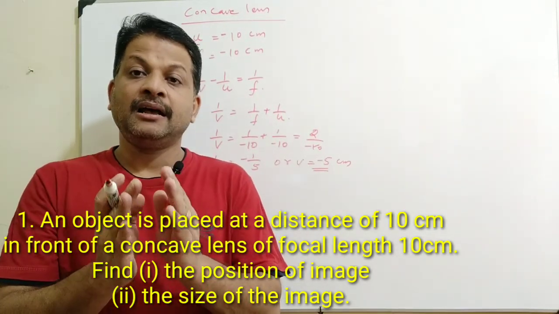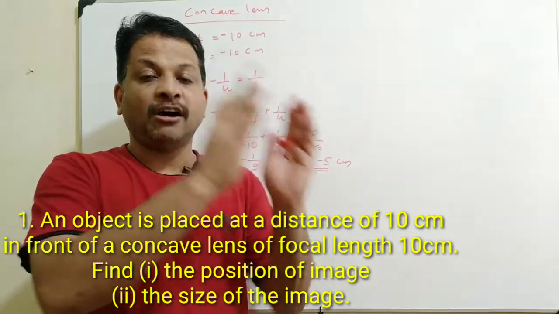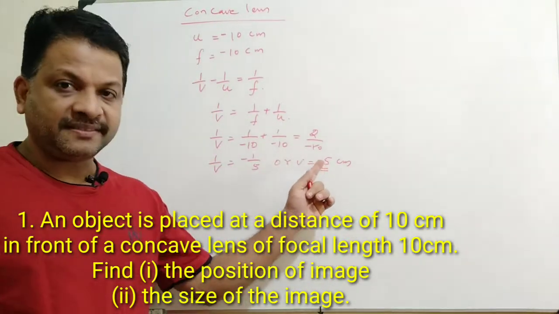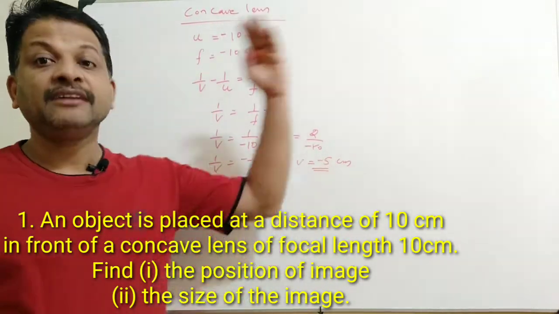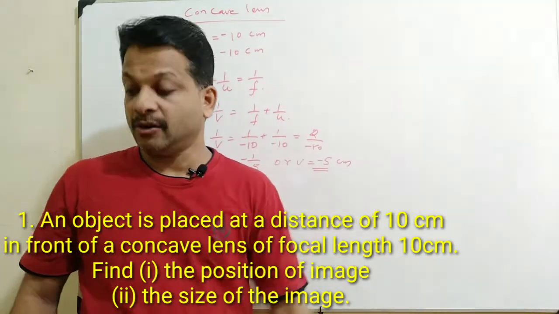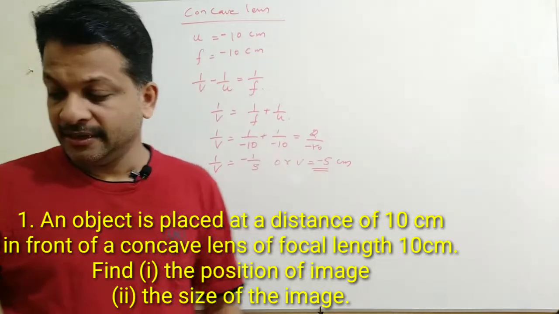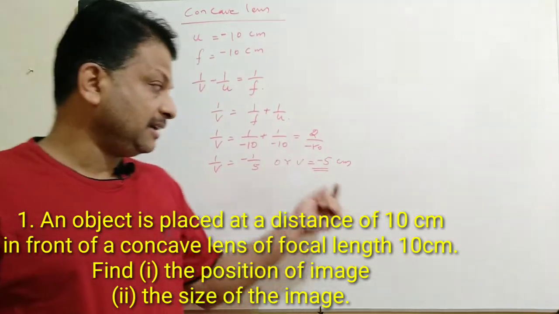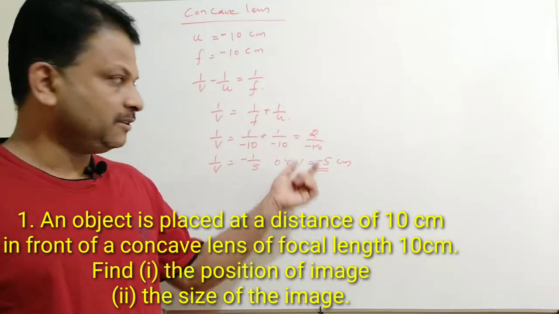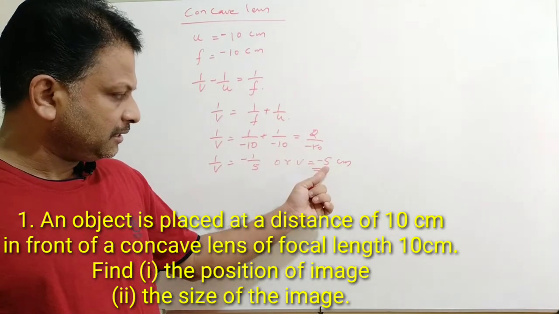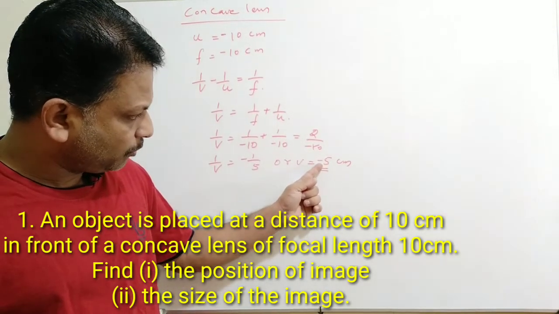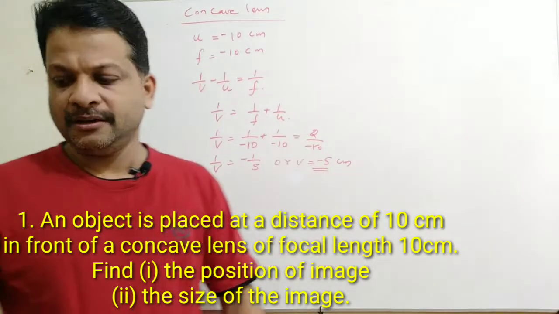It means that the image is formed in front of the lens at a distance of 5 centimeter, in front of the concave lens, because the value is coming minus. Okay, this is the case of a concave lens. The image distance will always be negative. So the unknown value comes out with its proper sign. You can see -5. Clear?